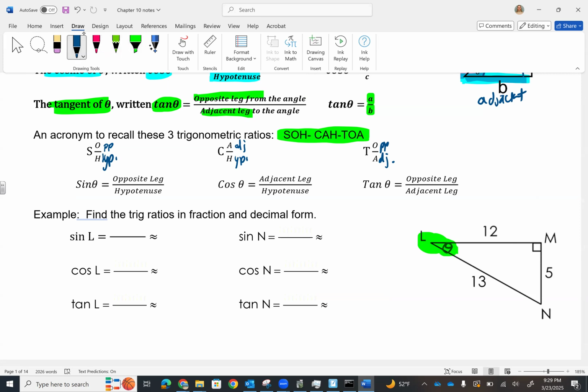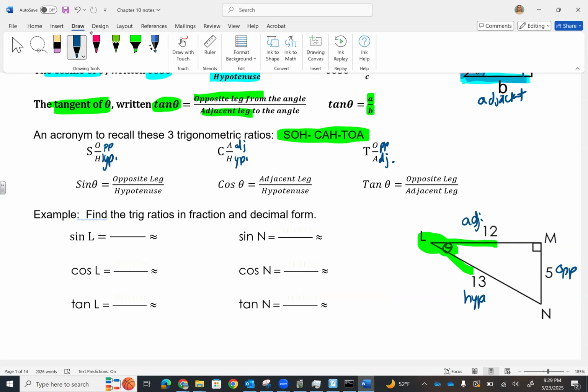So we're standing there. 13 is the length of the hypotenuse because that's across from the right angle. And we've got two legs. Which one is the adjacent leg? Remember, the two legs that form the angle we're standing at are both adjacent. And so this would be the adjacent leg, and this would be the opposite leg compared to angle L.